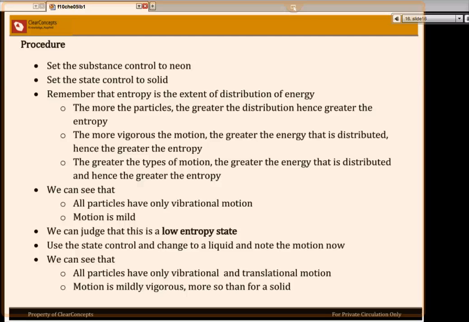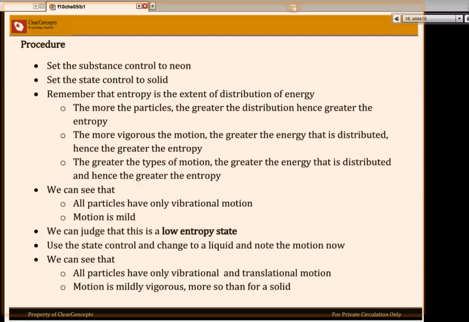For now, my goal is simply to give you a sense for what entropy is, because when students come to the 11th standard, they have no idea what entropy is and they get completely lost when we teach thermodynamics. If you walk away from this class saying, okay, I have some sense of what entropy is: the greater the energy, the greater the entropy.